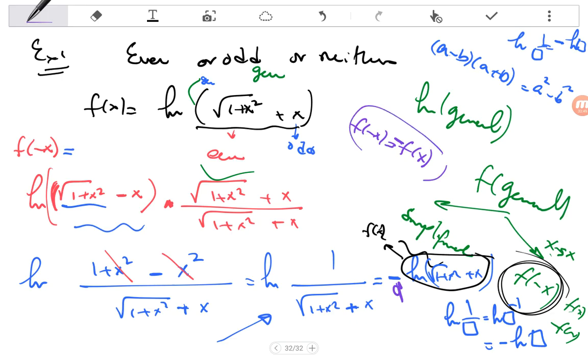So how would I classify the function in this case? If I have a function for which f of minus x is equal to the negative of f of x, it means that the function is odd. So this function is an odd function.